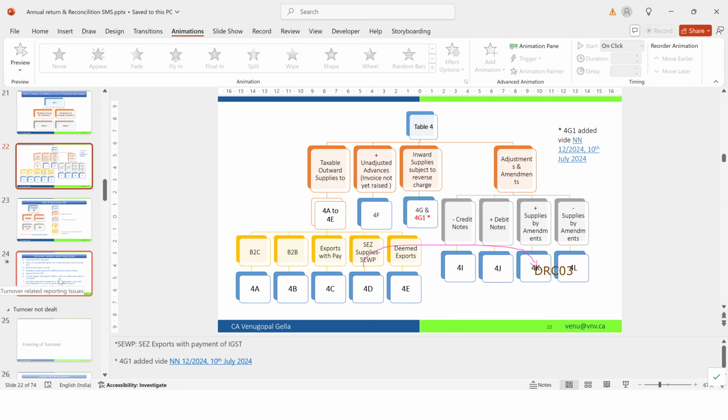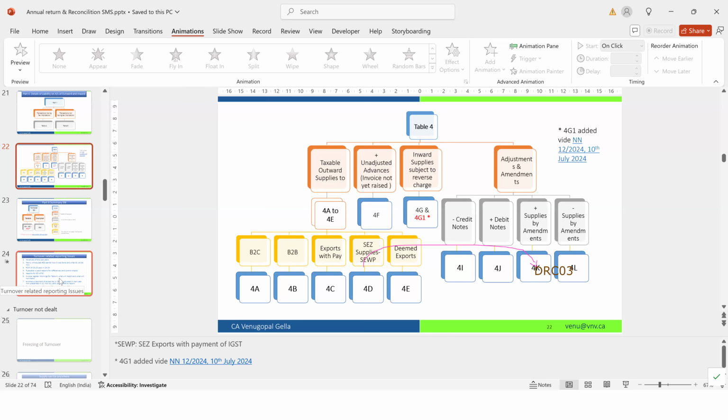But then the tax payable amount will be inflated, and the amounts paid through cash and ITC are frozen figures coming from 3B. Correct. So tax payable minus paid has been paid through DRC03. That is the correct thing now. In table 9, tax payable should be more.